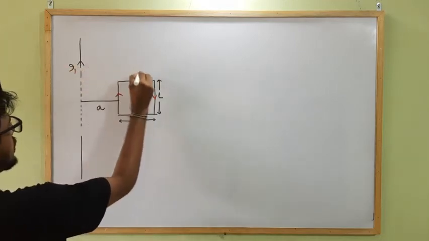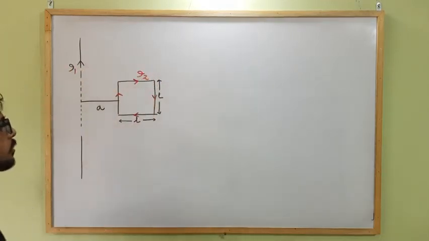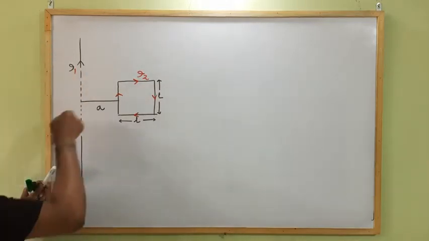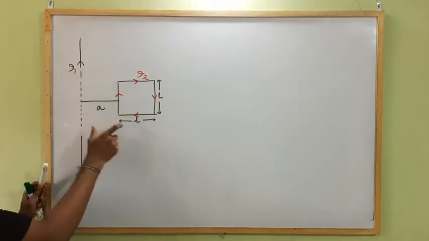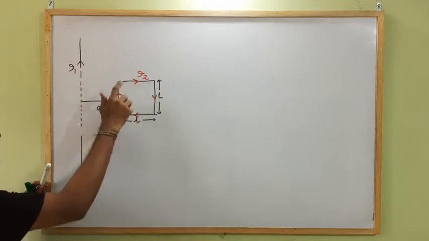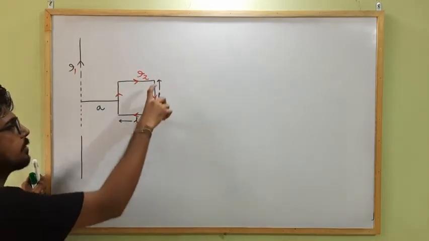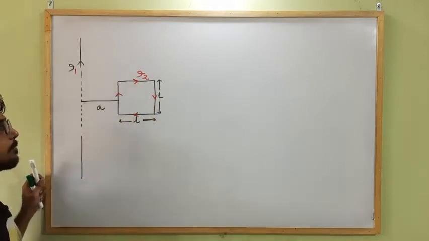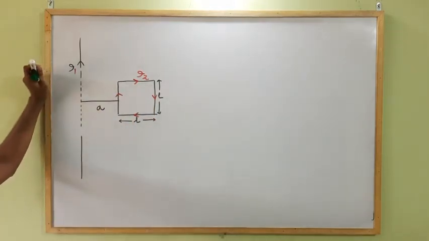This is I1, this is I2. Clear? Here is an infinite long straight current carrying conductor carrying current I1 in the upward direction, and there is a current carrying square loop of length and width L carrying current I2 in the clockwise direction at a distance A from the current carrying loop. Clear?